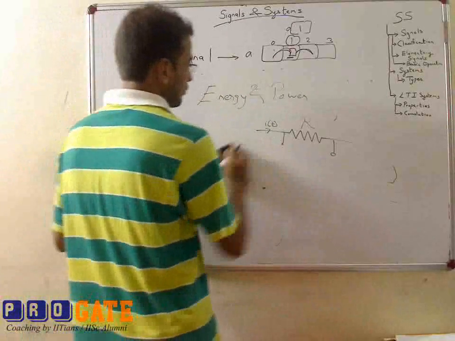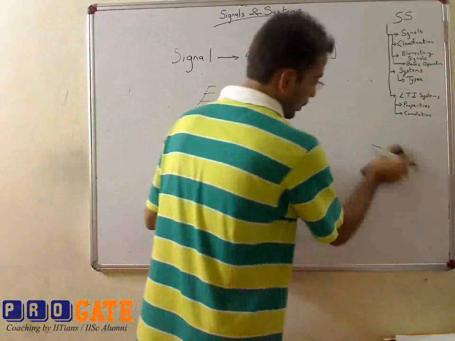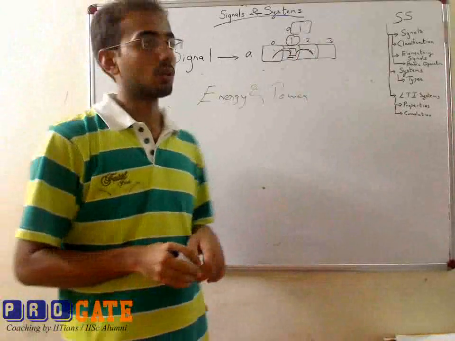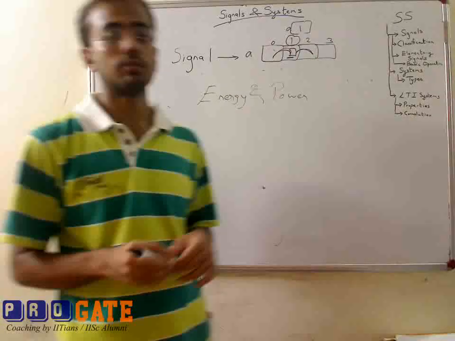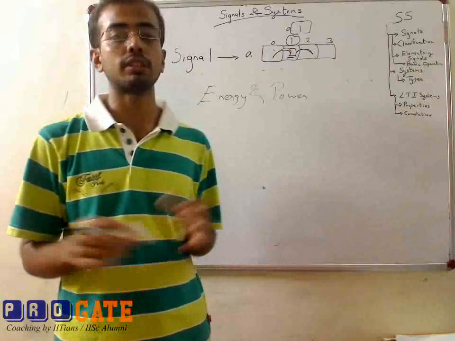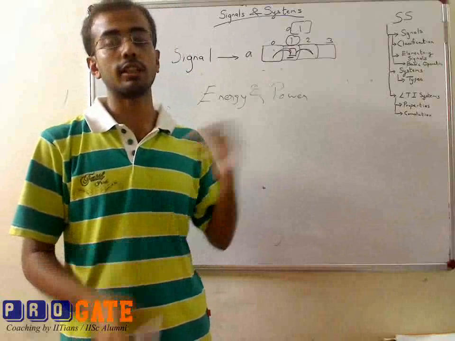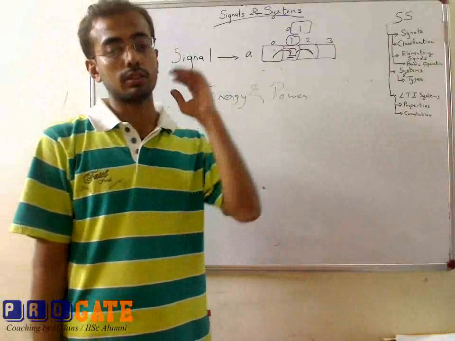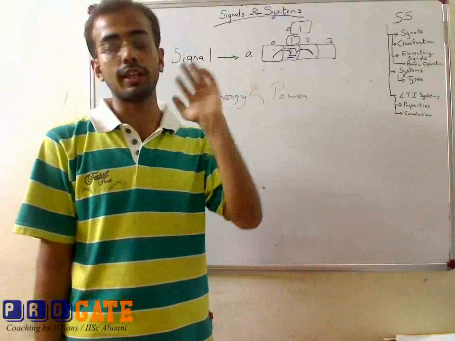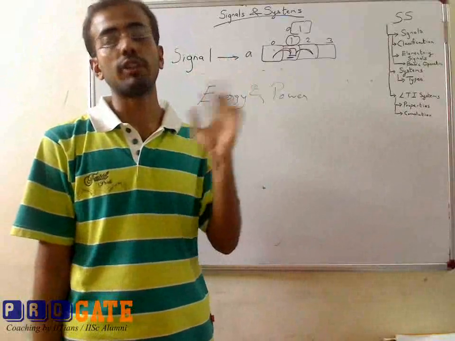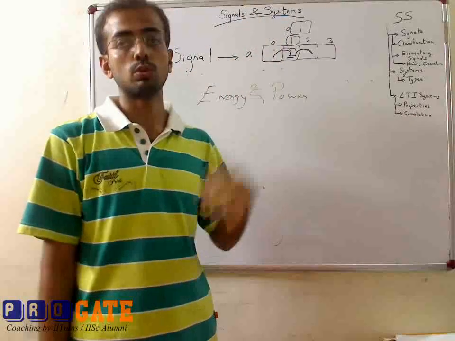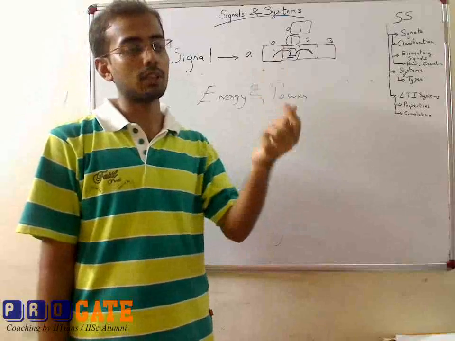Now the application: why do I need to divide my signal into energy and power? Take an example of transmission, where I want to transmit my signal to a far place, such as networks or a satellite. There's a main satellite revolving around the earth, and from there the signals are transmitted to us. There are also something called adapters.